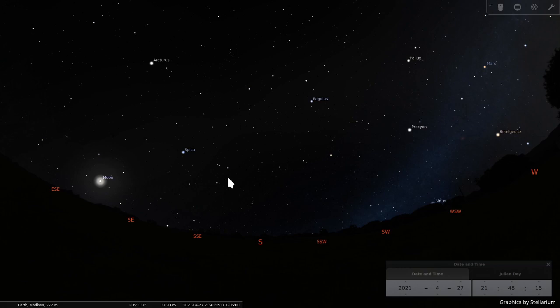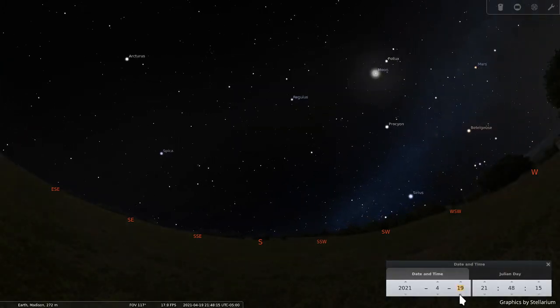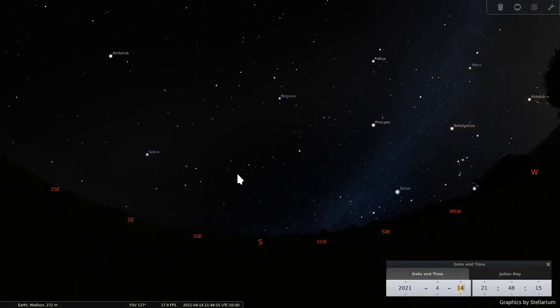Well, we advanced time here a couple of weeks in order to get out to the full moon, but I'm going to back up now and return to where we started here about the 14th or 15th of April, the middle of the month.